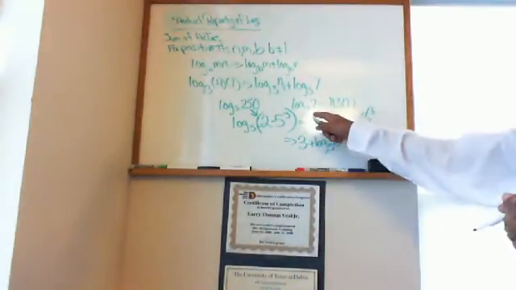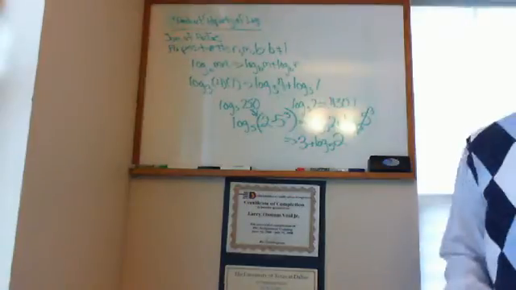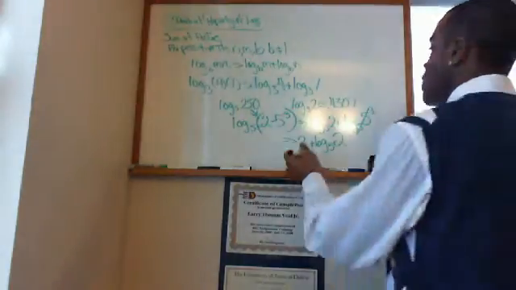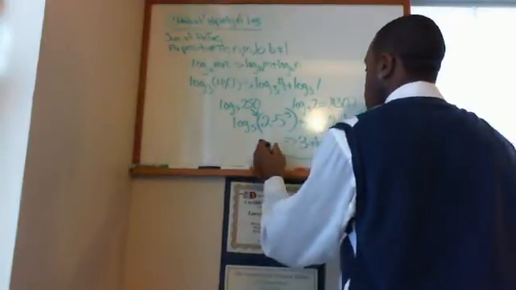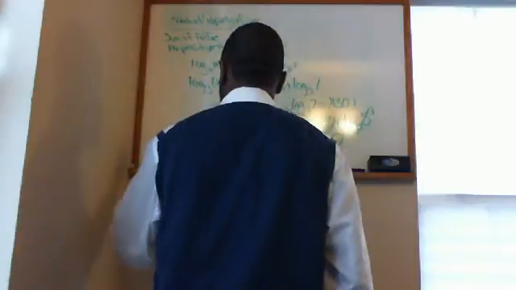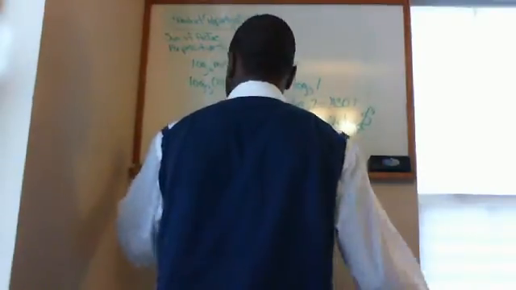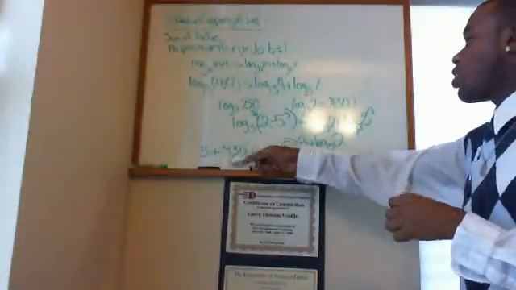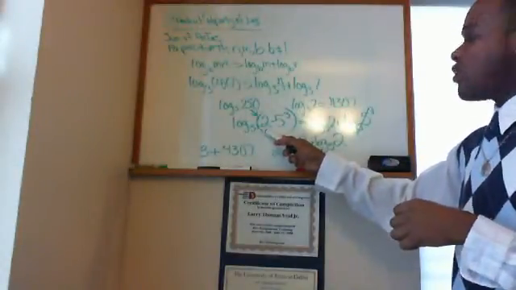And we already have log base 5 of 2, approximately 0.4307. So this turns into 3 plus 0.4307, and our answer is 3.4307. Did that make sense? Any questions on this part so far?